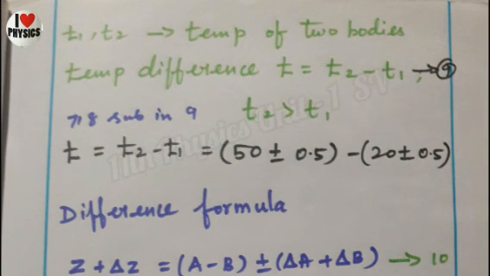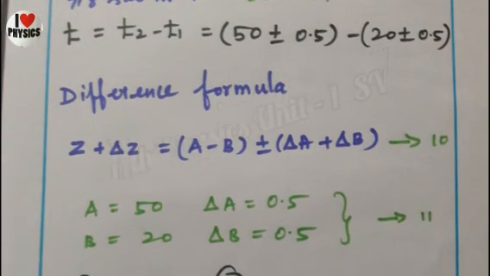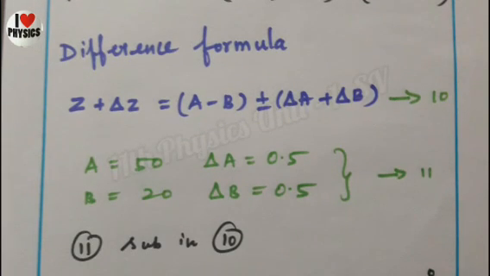Next, equations number 7 and 8 are substituted in equation number 9. So T equals T2 minus T1, equal to 50 plus or minus 0.5 minus 20 plus or minus 0.5.